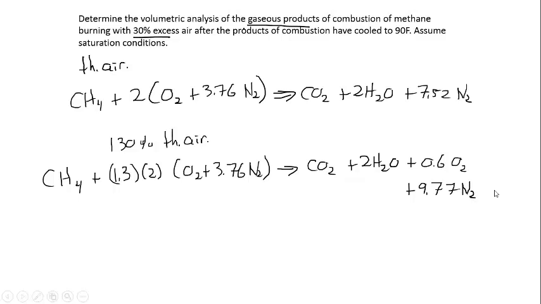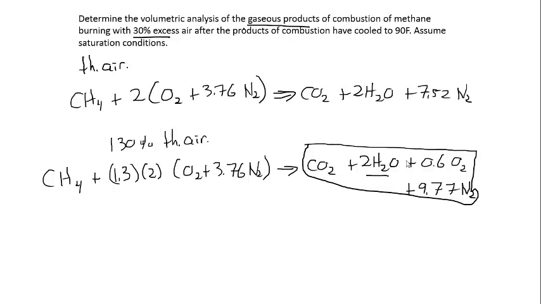So the problem is asking us to do a volumetric analysis of the gaseous products. What is the volumetric analysis of all of these products? Take into account that the water might not necessarily be all gas, and it's telling you that it's at saturation conditions. So let's look at this.